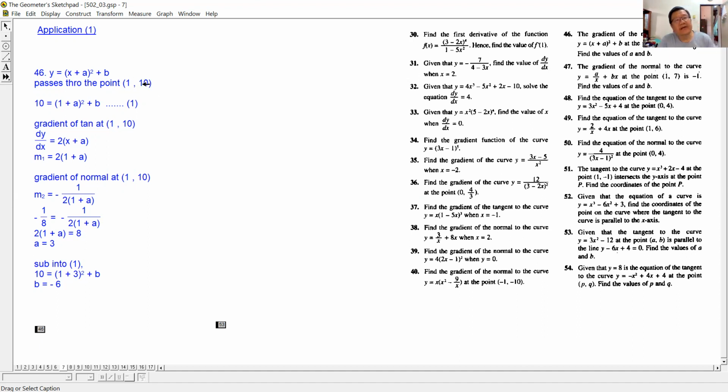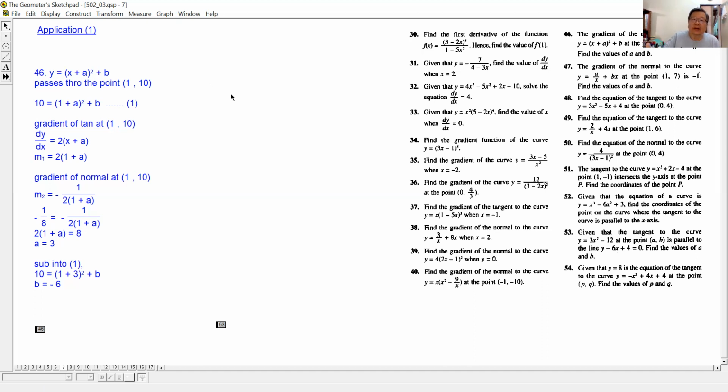So it means that the coordinates means two, the x coordinate and the y coordinate. The coordinates of this point must satisfy the equation of the curve. Okay, so you must know that. So the first thing is you take the point, you substitute into the equation. The x coordinate you substitute into the x, and the y coordinate you substitute into the y.